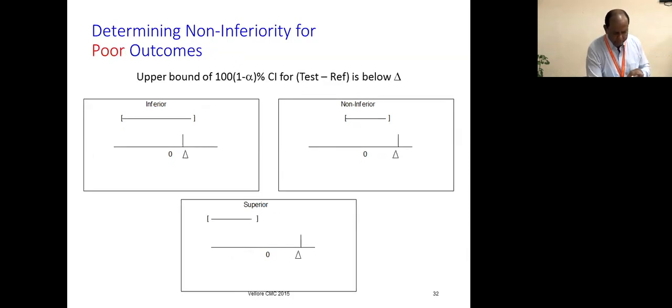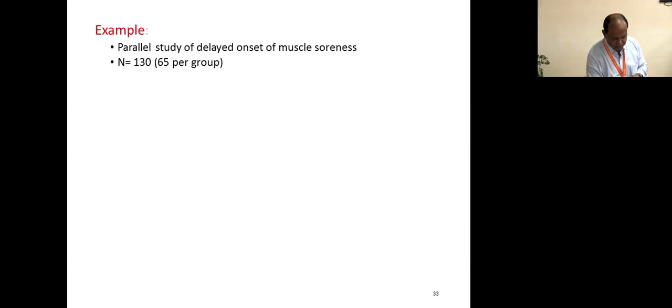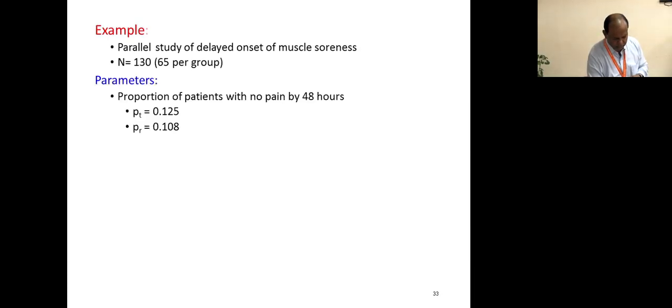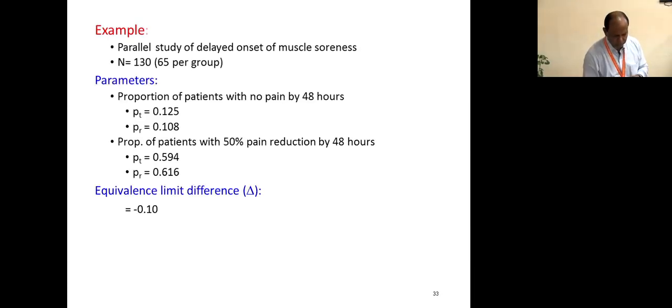So this is what we are discussing. This is on the non-inferiority poor outcome. So let us not worry about it, talking about the positive side of it. This is the data. There are 2 time points.